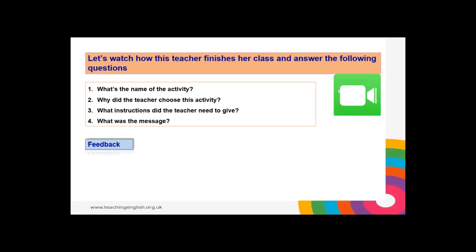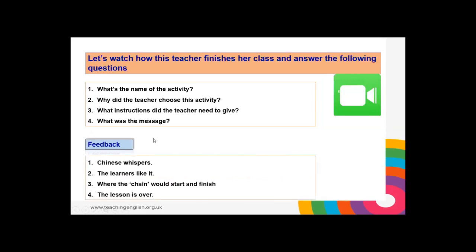Okay, back to our session here. What is the name of the activity? Do you remember? Whispers. Yes, it's Chinese Whispers, right? That's right.